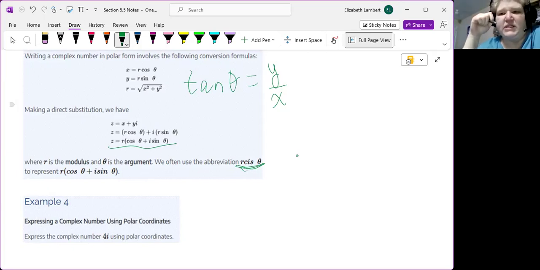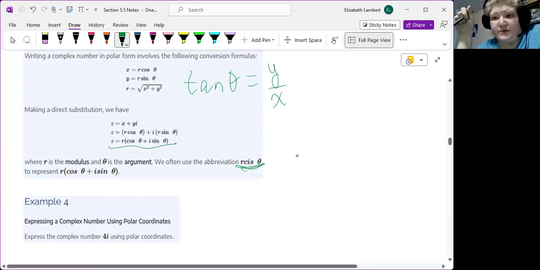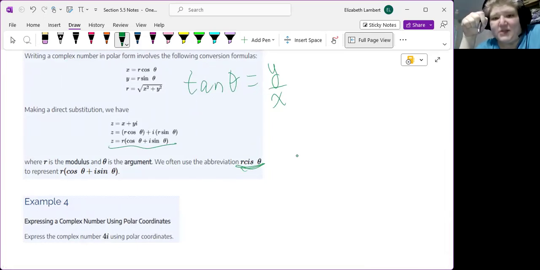Cis means cosine theta plus i sine theta. But it's always the same thetas. So they just shortened it to this weird cis notation. And then the r in front is what they call the modulus, which is like the fancy word for radius or distance. All right.